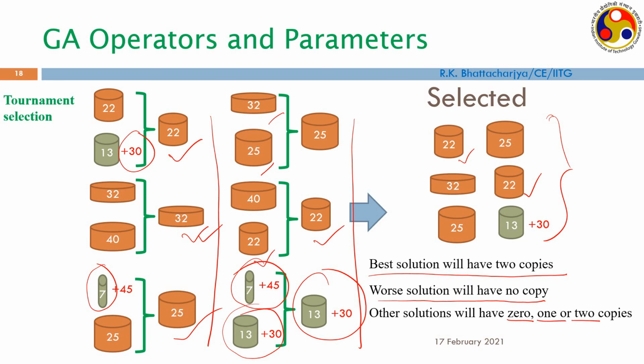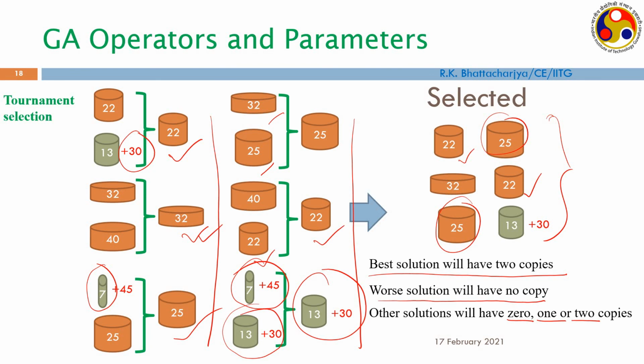You can see that 25 is having 2 copies. 25 is not the best solution, it is a mediocre solution. But both times it is playing with an inferior solution, it is not playing with 22.